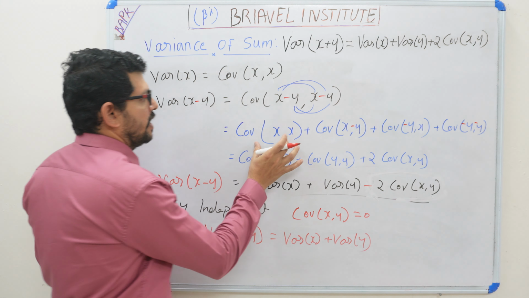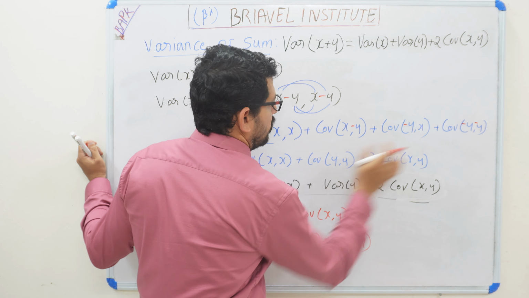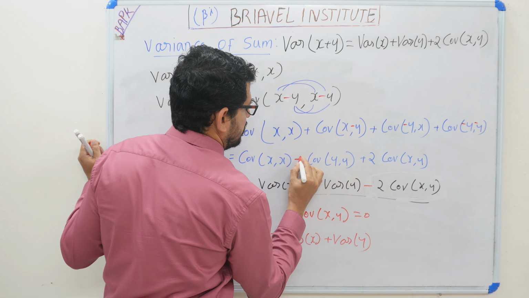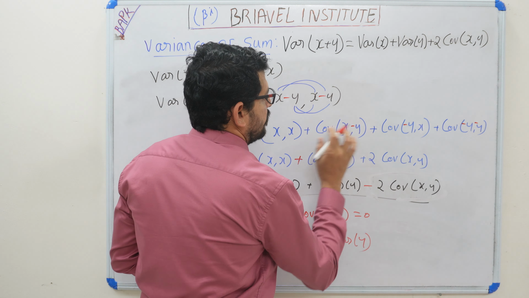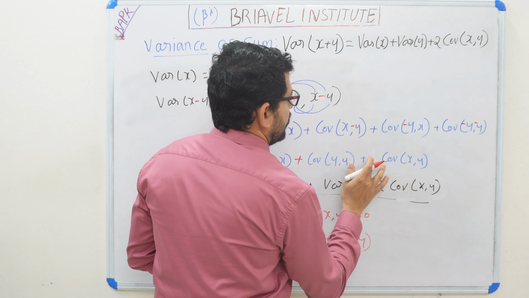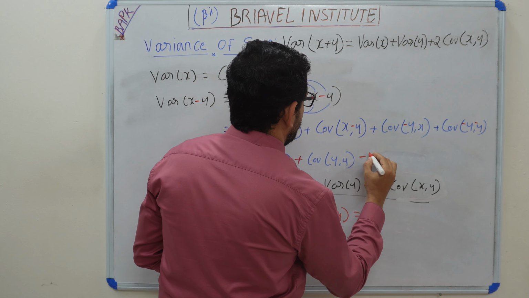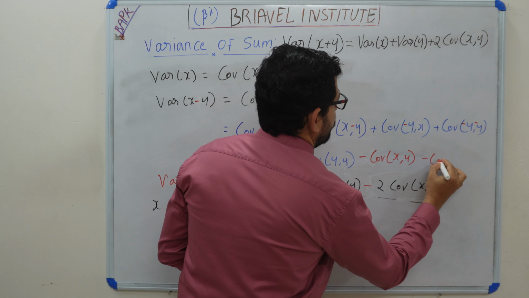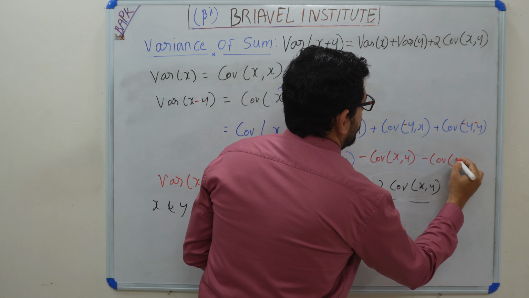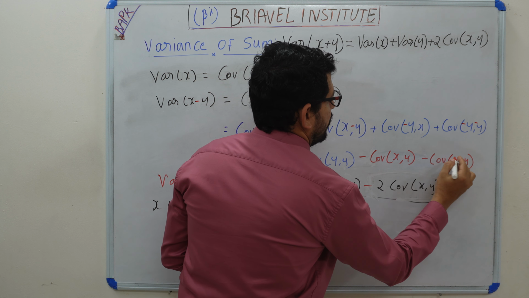So the formula gives covariance of x, x plus covariance of y, y, and minus covariance of x comma y and minus covariance of y comma x.